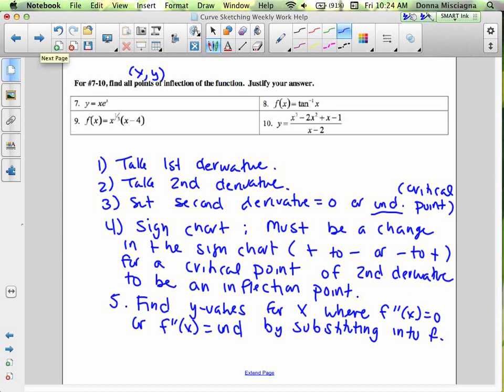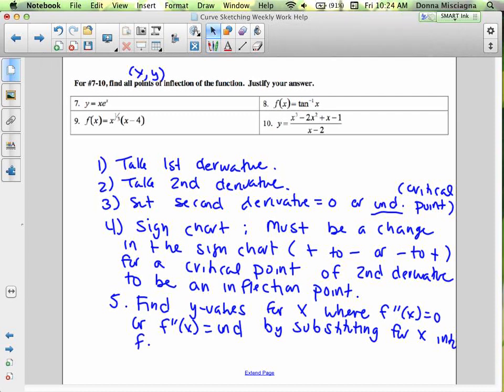Or y, apparently. Two of them have to be y's. And you're substituting, of course, for x. Right? And that is all there is to these.